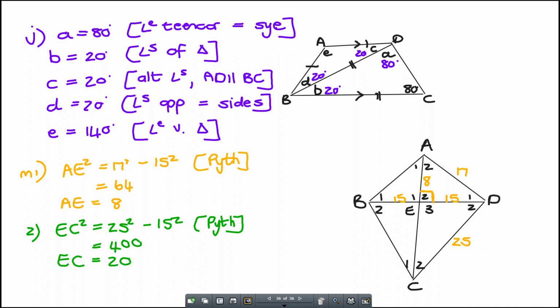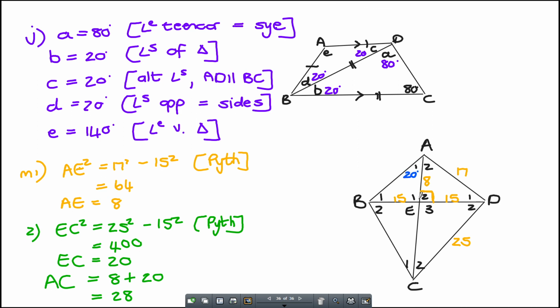Okay, so AC will be AE, which was 8, plus EC, which was 20. So die volle lyn is 28. You guys good? Okay, now we need B1 if A1 is 20.